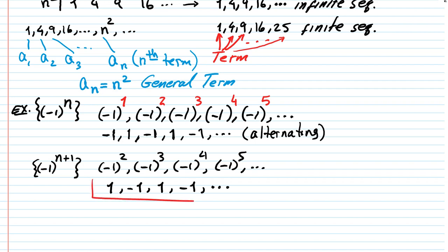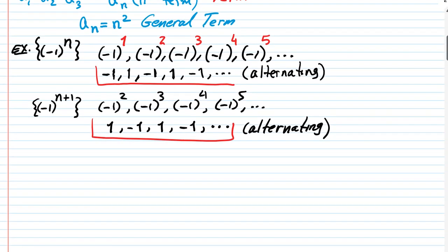If you look at this sequence and the one above it, they're both alternating, right? The difference is whether you start with a positive or negative 1. So if my sequence begins with a negative, negative 1, 1, negative 1, and so on, then I go with negative 1 to the n.